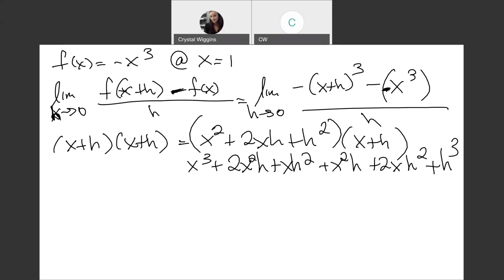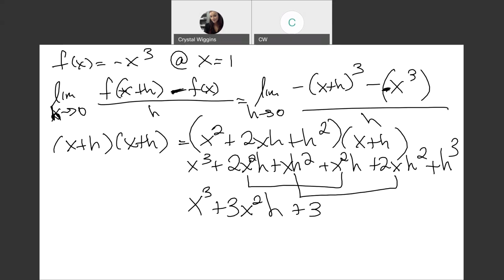We then combine like terms. So I have an x squared h here with 2x squared h there. I have an xh squared with 2xh squared there, giving me x cubed plus 3x squared h plus 3xh squared plus h cubed for that x plus h cubed part.